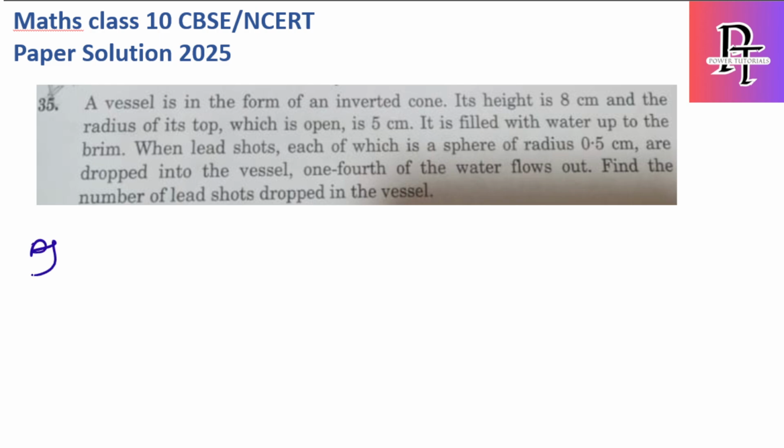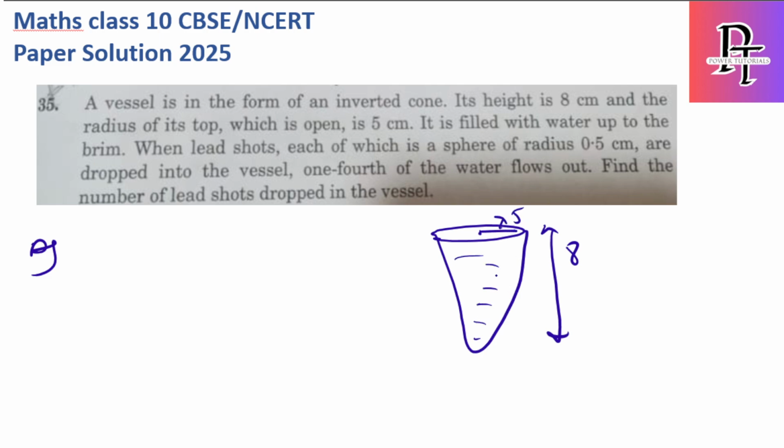Okay, let's solve the last question, the 5 marks question. We have an inverted cone like this. Its height is 8 and the radius of the top opening is 5. It is filled up with water to the brim.